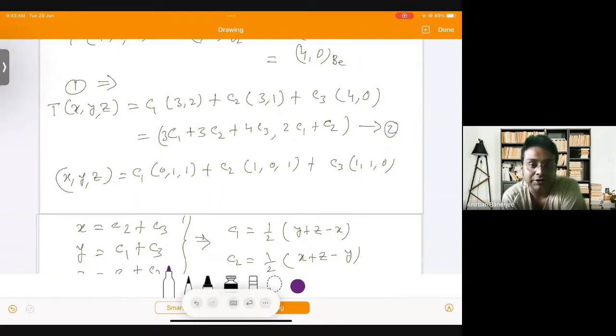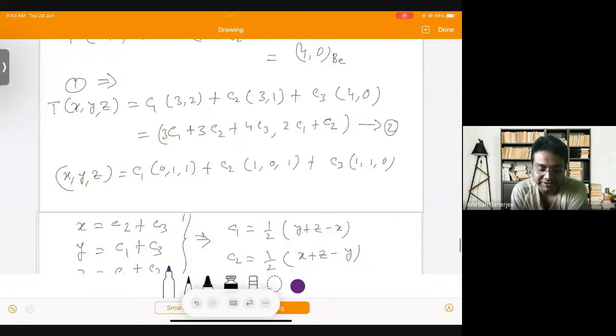So until now, what we get is the linear transformation of xyz, and on the right hand side a vector whose components are given with respect to c1, c2 and c3. But this transformation is the formula with respect to the standard basis. Fine, but we don't know the values of c1, c2, c3. Now we want to find them.